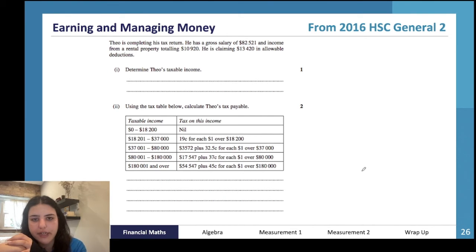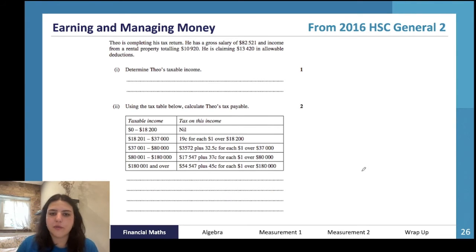He has a gross salary of $82,521 and income from a rental property totaling $10,920. He is claiming $13,420 in allowable deductions. So the first thing we need to do is determine Theo's taxable income. So we have $82,521.